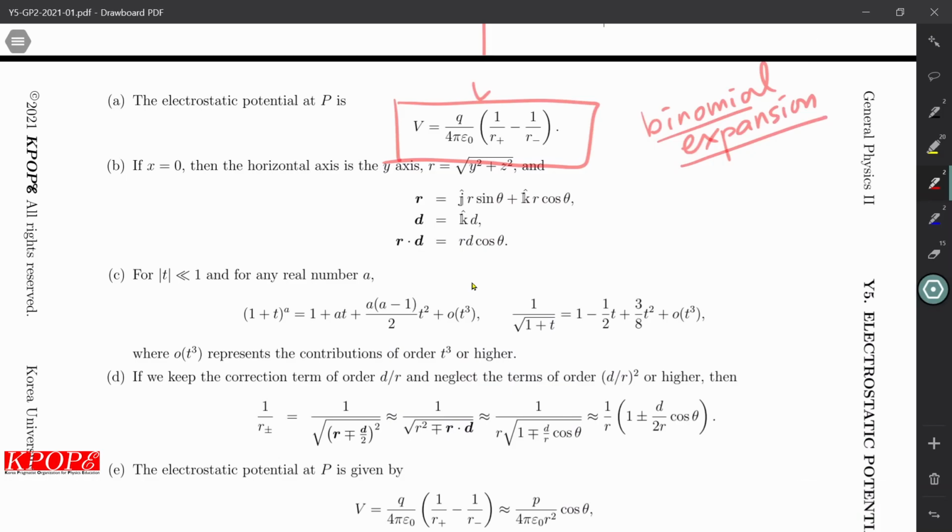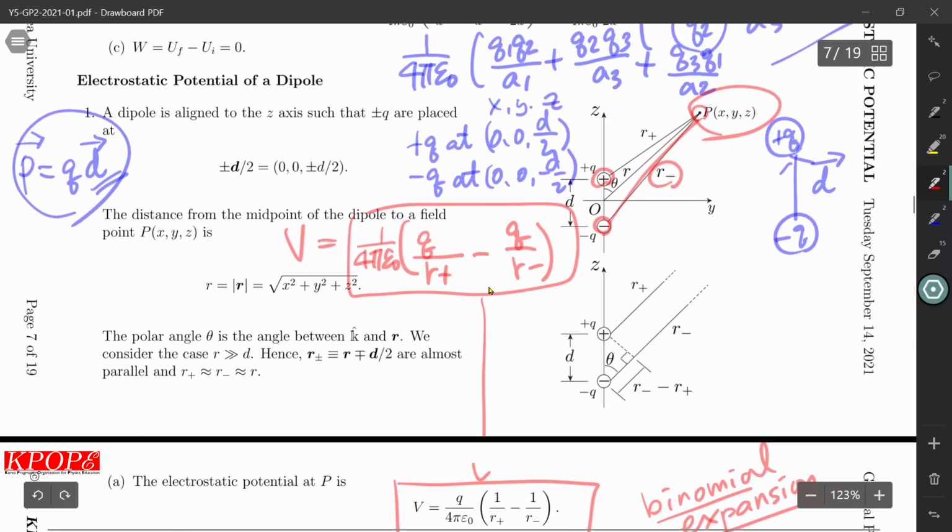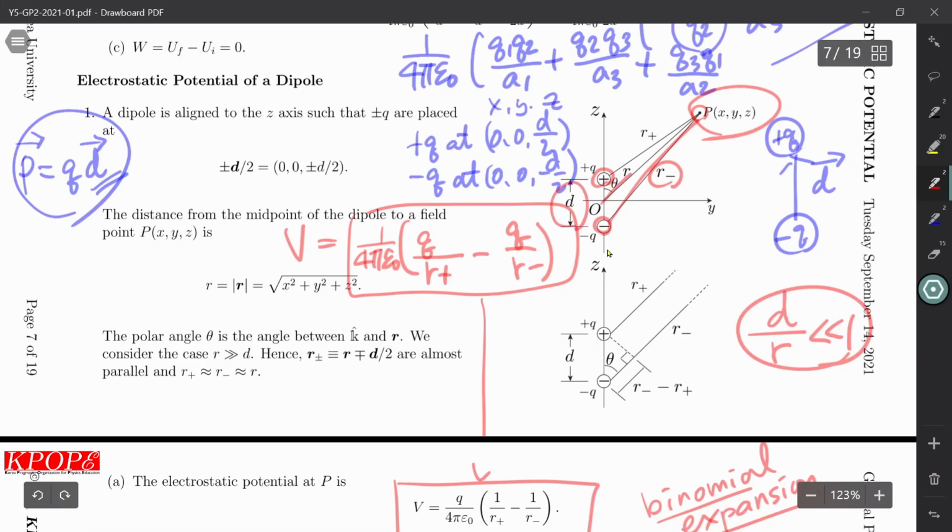We choose d over r to be very small, much smaller than 1. This d is much smaller than r. R is the distance from the origin to the field point P.